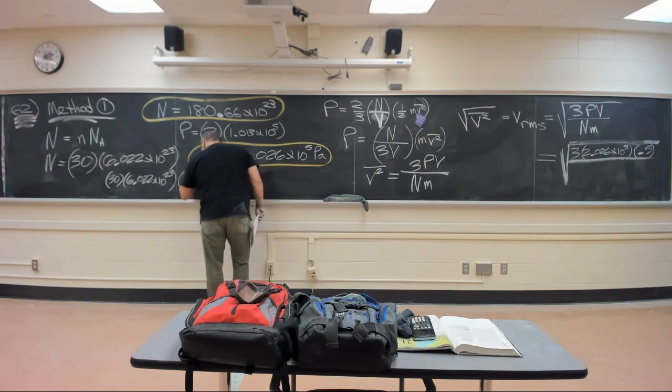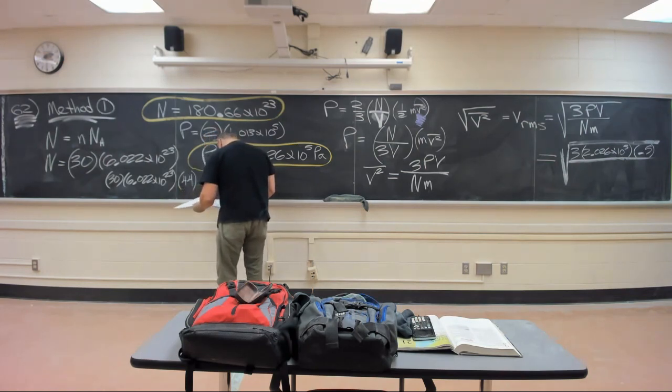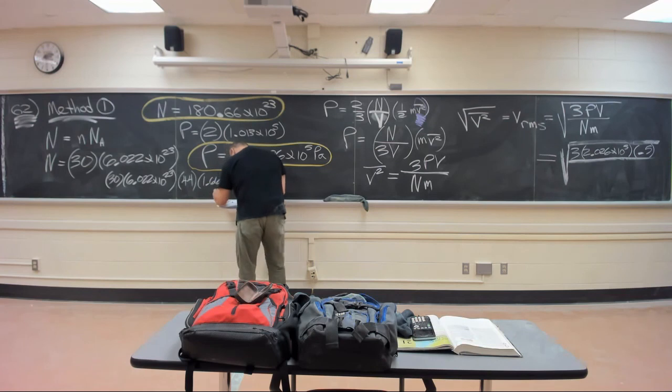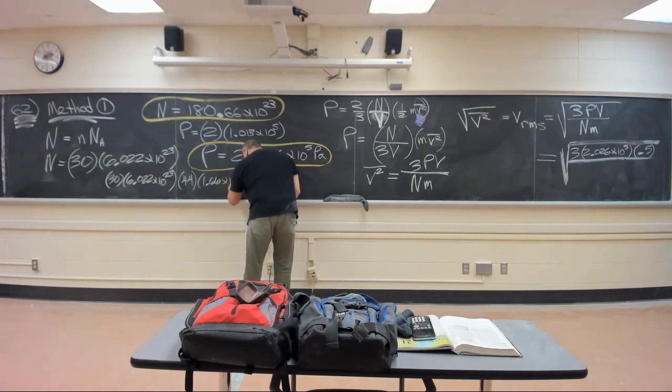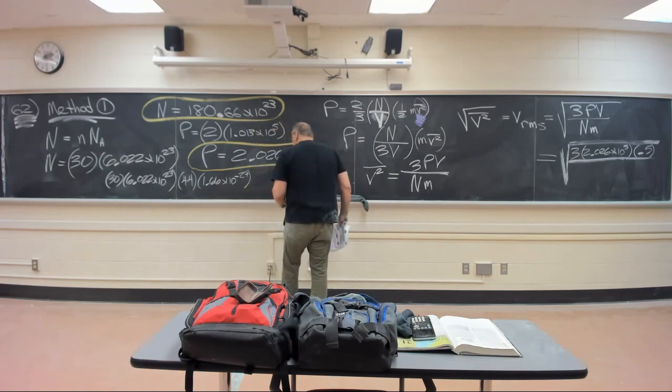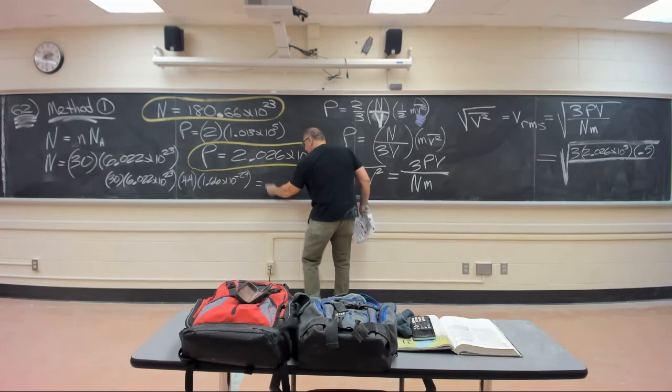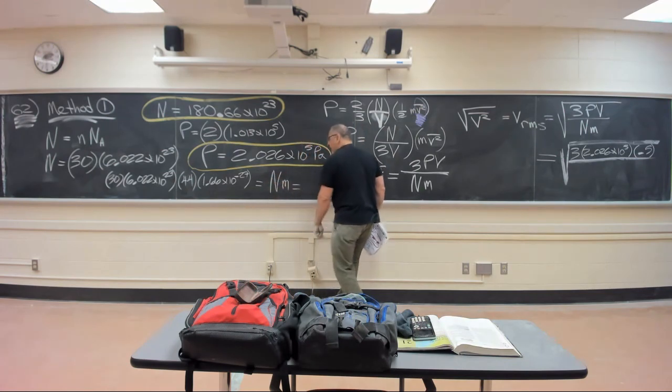This times 1.66 times 10 to the negative 27. And that's going to tell you the total mass, that is, capital N, the number of particles, times the mass.